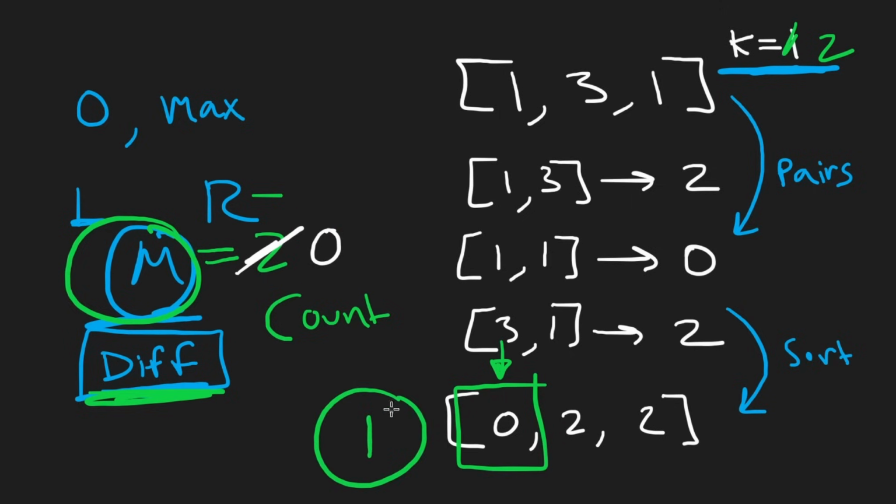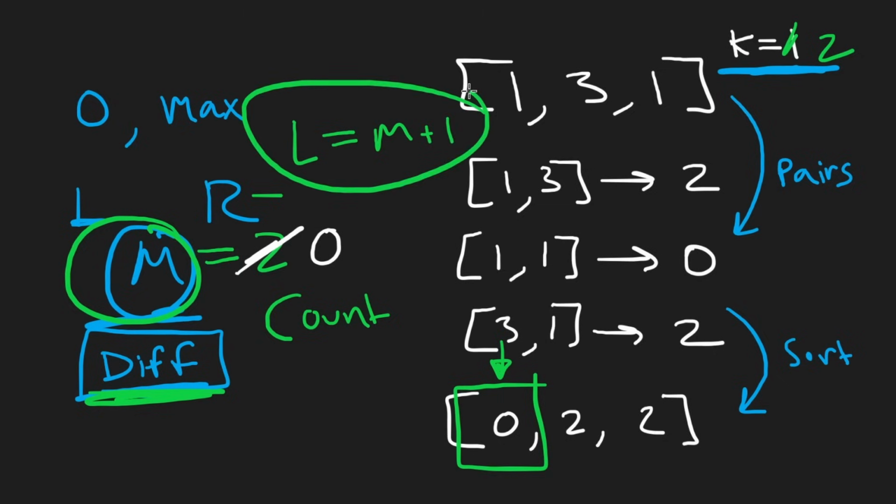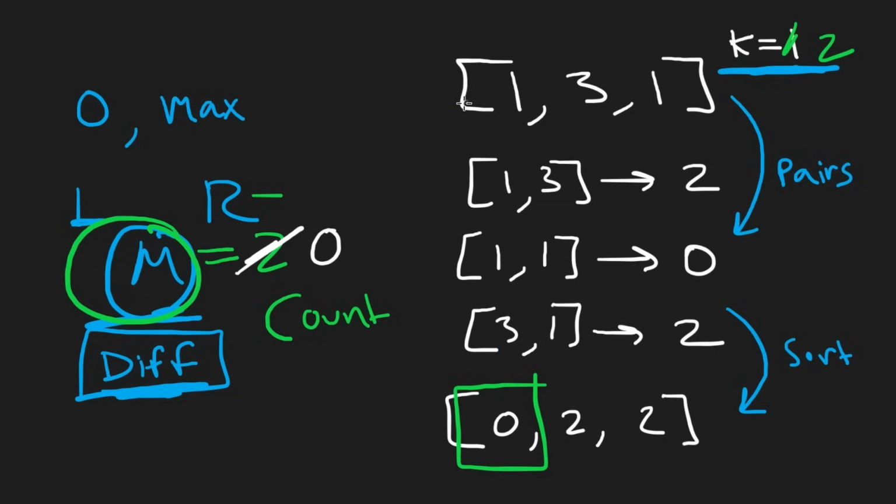Right now, 1 is smaller than k, so we know for sure this subarray is not going to include the element that we want to return. So in that case, we would take our left pointer and set it to mid + 1. So right now, I'm just going over the basics of this binary search. Now let me show you how we're going to do this counting without generating this array.